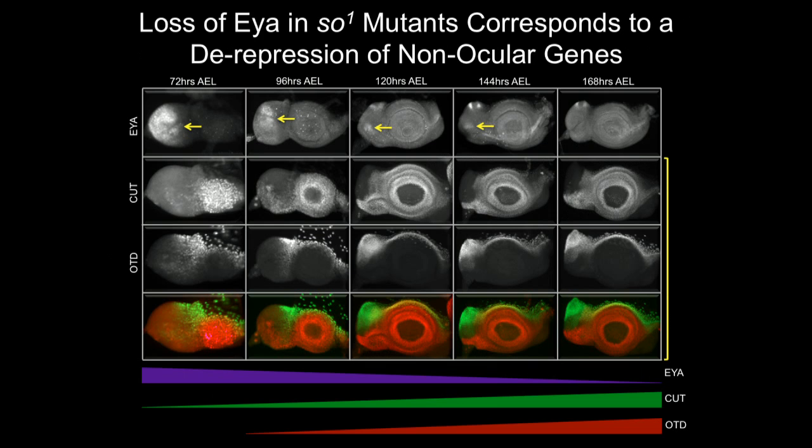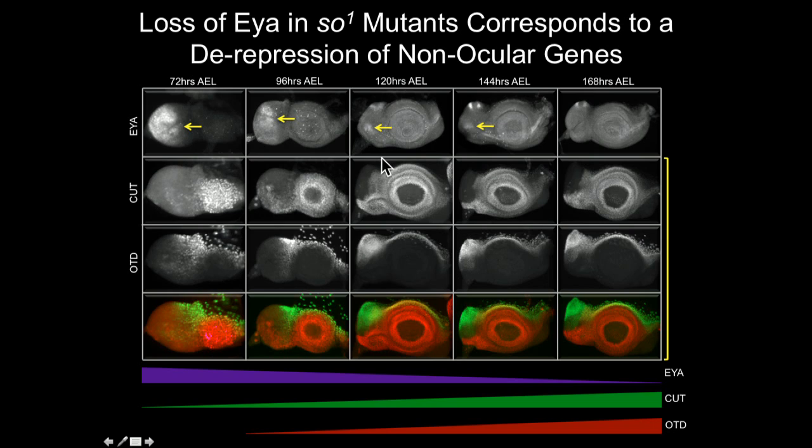So given the phenomenon that I saw in Eyes absent mutants, I was curious if the same thing was happening in Sine-Oculis mutants. And indeed, when we look at the expression of Cut and Orthodenticle, we see that at 96 hours after egg lay, which was the first time point in which we see a reduction in Eyes absent expression, Cut, which is not normally expressed in the disc, had expanded into the eye disc.